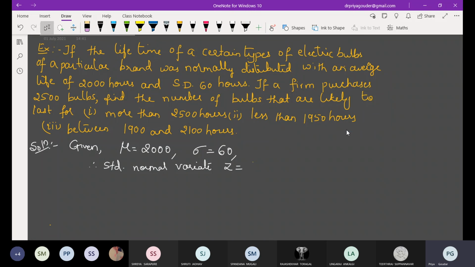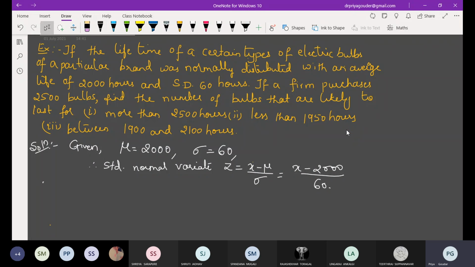X minus mu divided by sigma. See, if you people don't get involved, it is difficult. Please answer. So keep X as it is. Mu is going to be 2000 and sigma is 60. So this is Z.